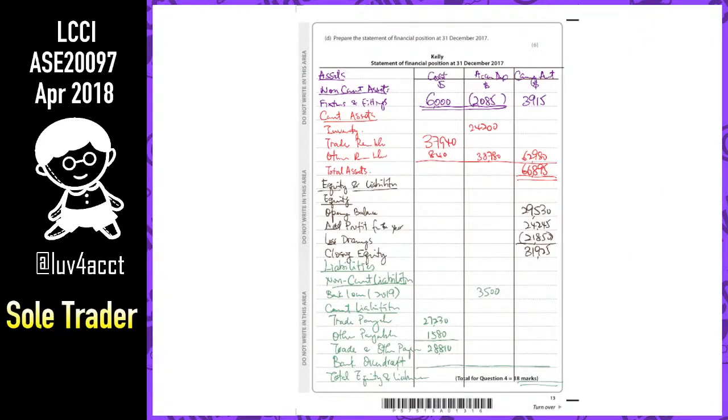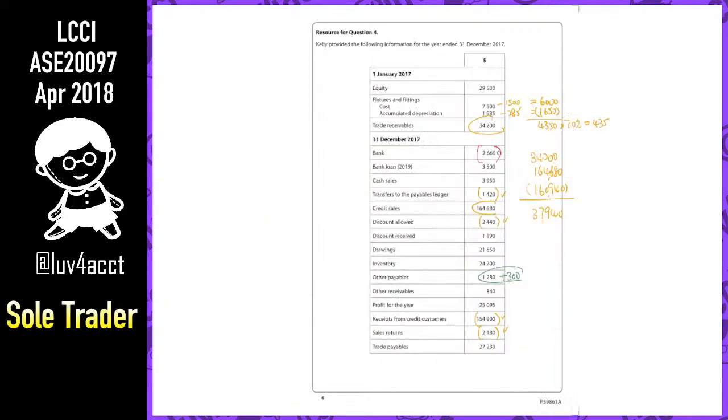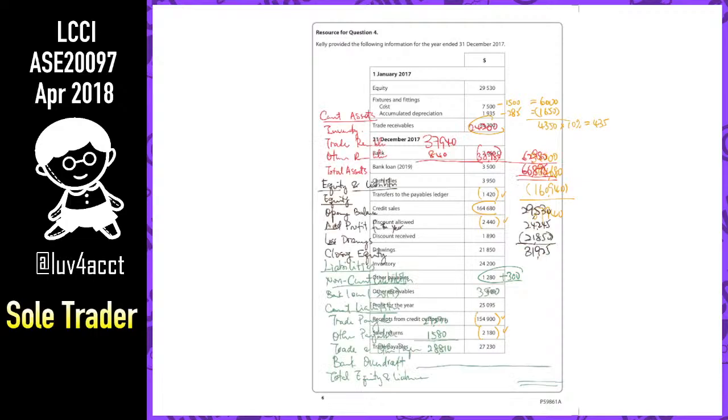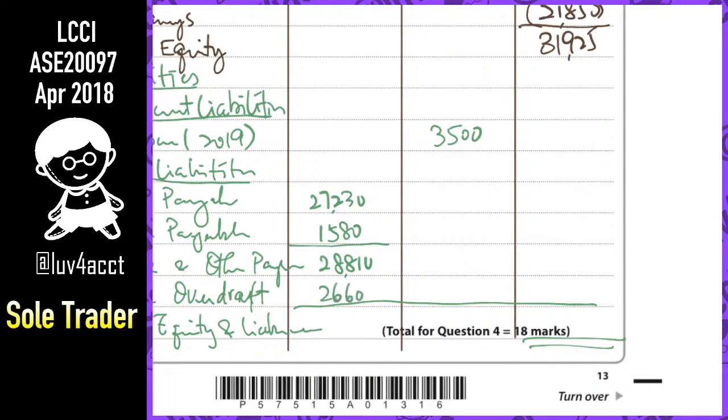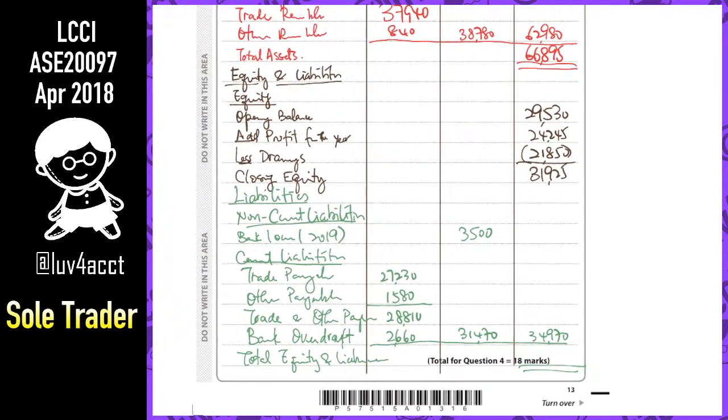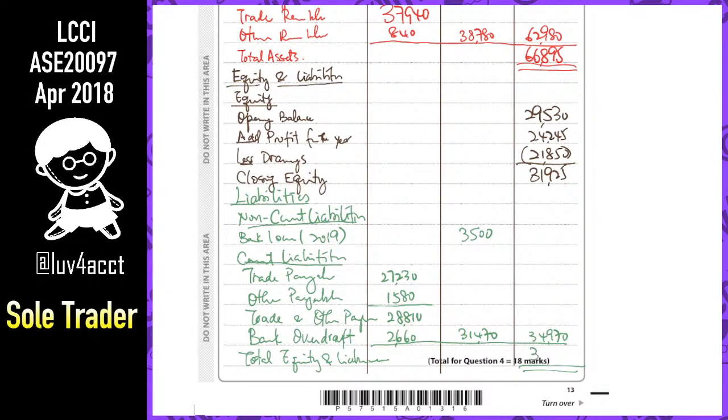Bank overdraft, last item, would be 2660. Let's see if we can balance it. 31470 added to long-term liability, added to total equity. Yes, 66895. Done.